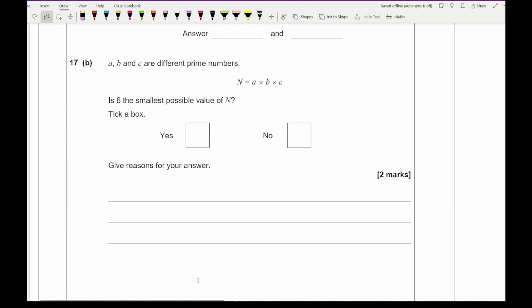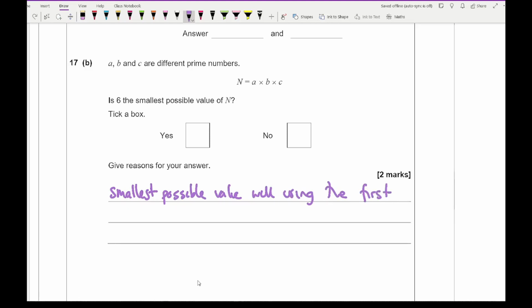Moving on to 17b, it says a, b and c are different prime numbers. Is 6 the smallest possible value of n? Now the smallest possible value will be using the first 3 prime numbers.